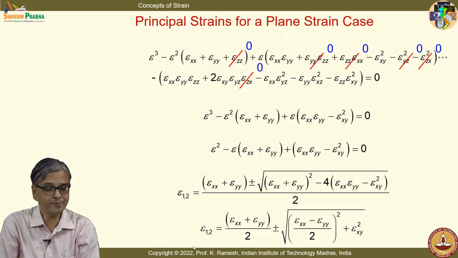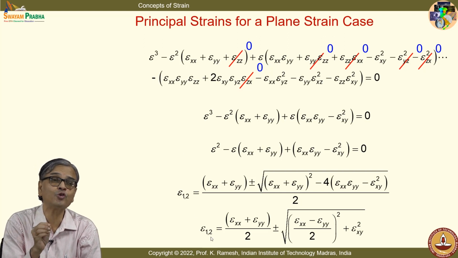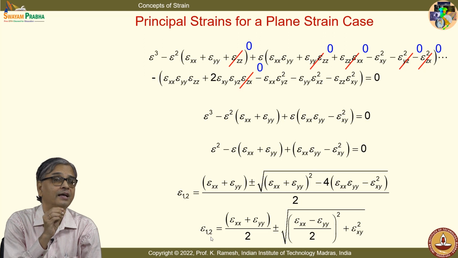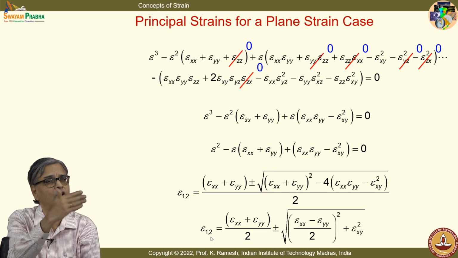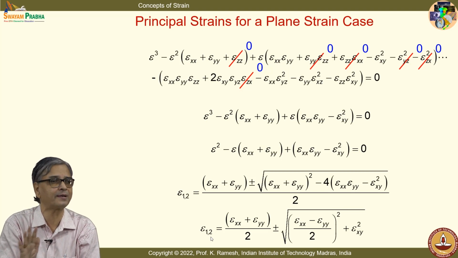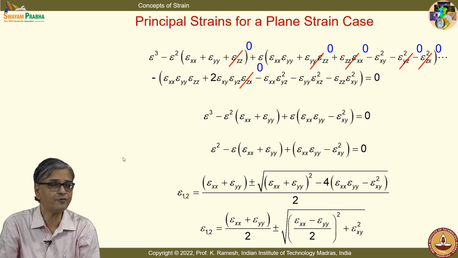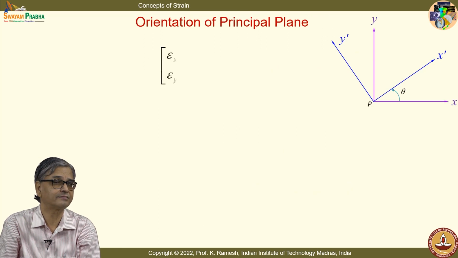So, this will give me what will be the magnitude of the elongation or contraction. All that you have seen, I can have both positive, both negative, one positive, one negative, all the ideas what you have seen in stress are applicable here. Now, we will also have to find out the angular orientation.